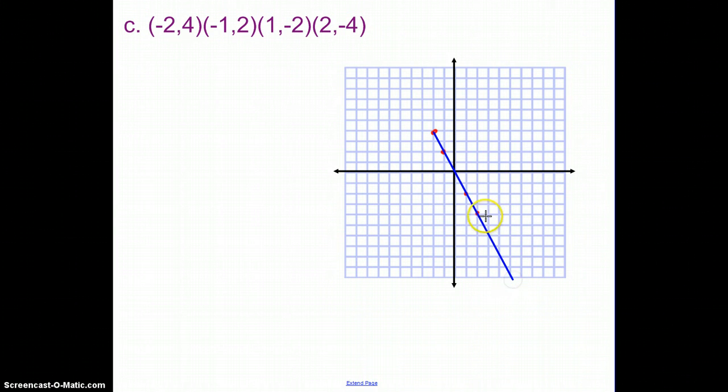So I'm going to continue my line and then go in the other direction. So definitely it's a line, so I know it's linear. And that's really all that the section is about, to be able to choose the model that fits the best. Okay, let's try just a couple more examples.